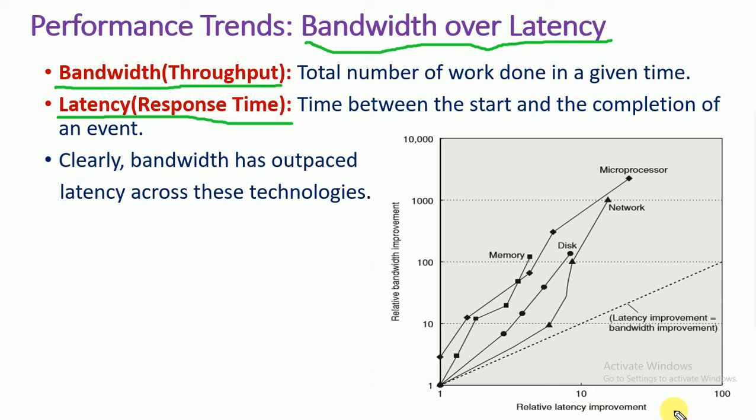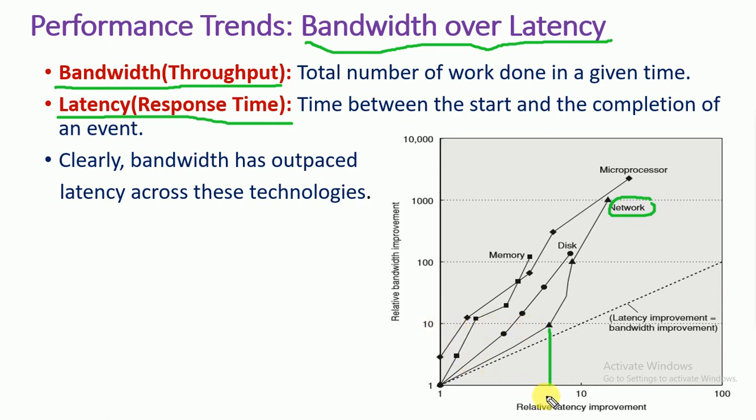So when we take different technologies, for example I'll take the network technology. Starting from here, you can see the network line. This is the place where, when the latency of the network had around 8 times improvement, at the same time the bandwidth was around 10 times.